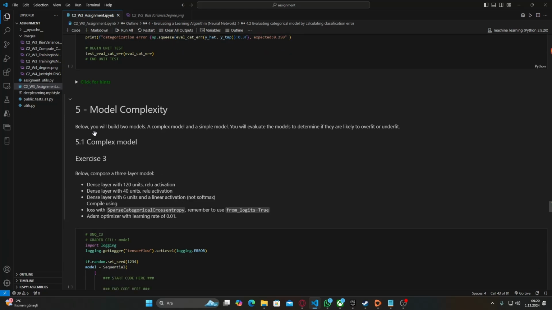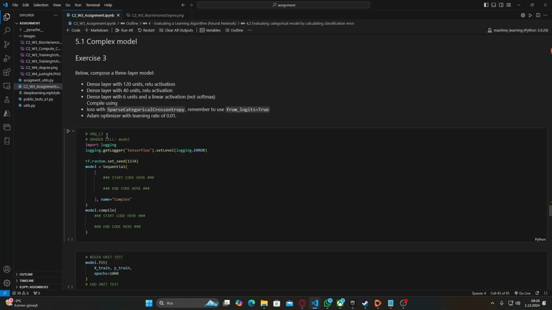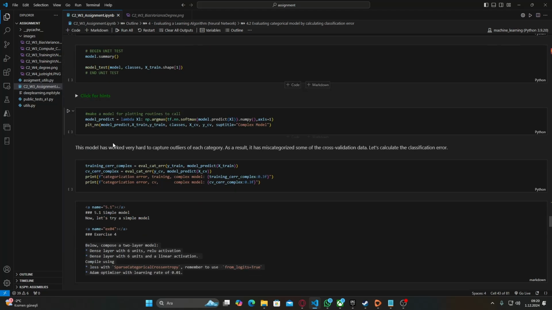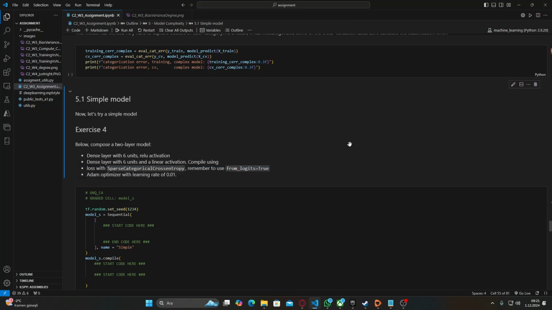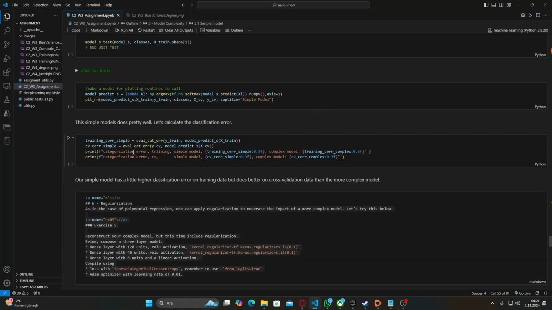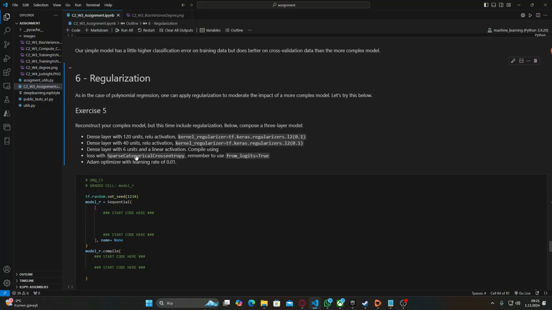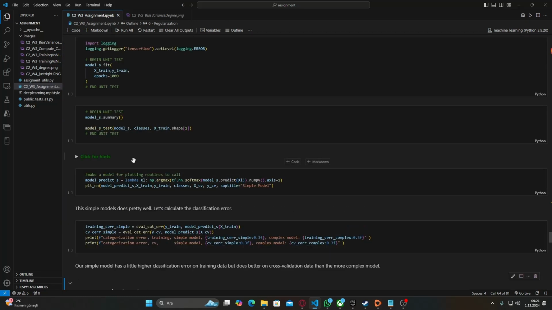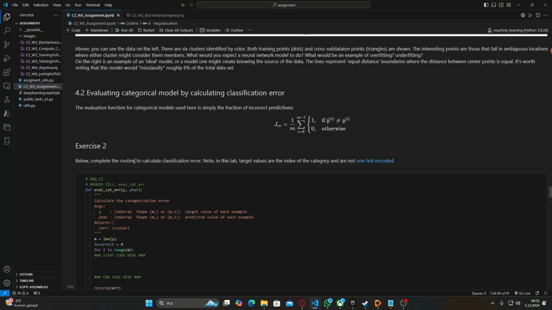After example 2, we have example 3, and we have example 4. And after this one, we have exercise 5. Okay, we have 4 more exercises and they're coming in a row.